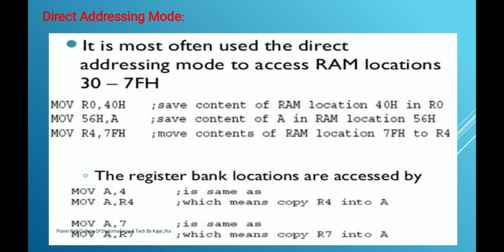That means whatever content is at 7FH is copied into R4. If some data, say 55H, is present at memory location 7FH, then 55H is copied into the R4 register. This is the direct addressing mode.